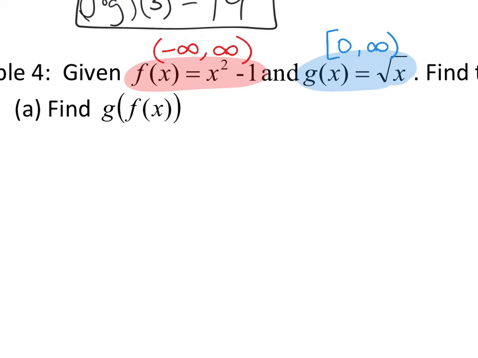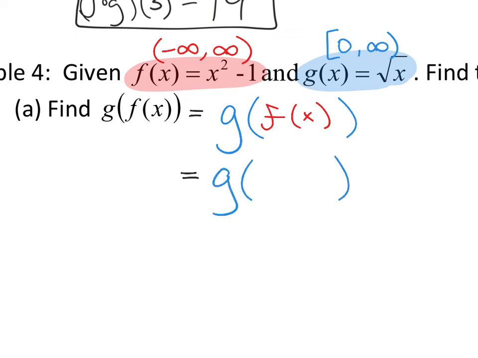g of f of x. That means g is on the outside, and f is going to be on the inside. I'm not plugging a number in this time. I'm just going to have to use some algebra skills to simplify the equation. That means I will be plugging into the equation g of x the entire function x squared minus 1. I just replaced f of x with this equation.